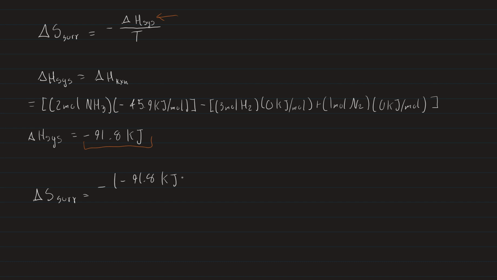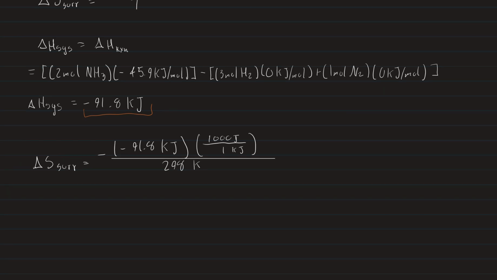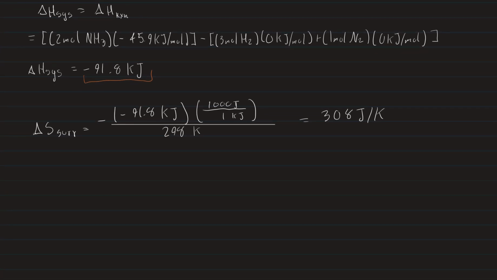Now for this equation we do need to convert kilojoules to joules, so we're just going to do that real quick. There are 1000 joules per 1 kilojoule, so we're just going to multiply it by 1000 on top, and then on the bottom we're just going to have the temperature, which is 298 Kelvin, right? And that should end up giving us 308 joules per Kelvin. These are the units that we want to end up on, right?